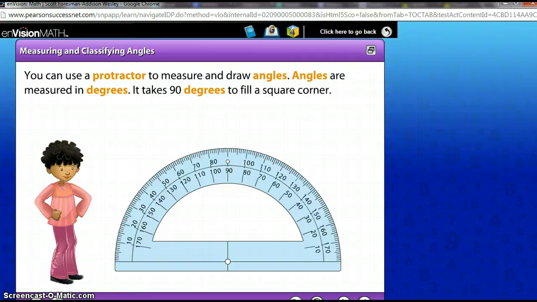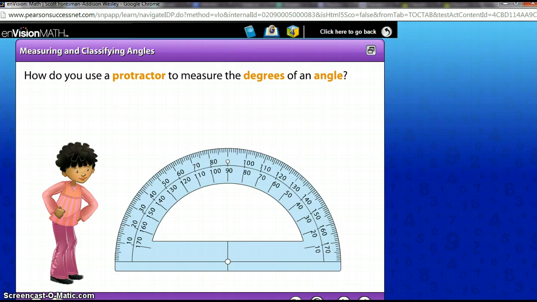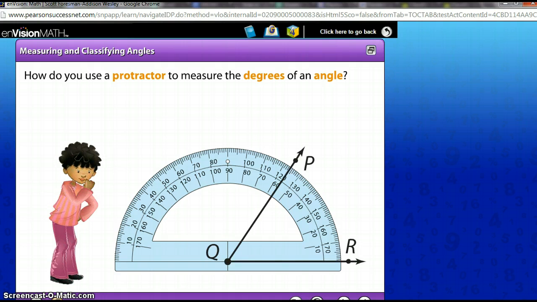You can use a protractor to measure and draw angles. Angles are measured in degrees. It takes 90 degrees to fill a square corner. How do you use a protractor to measure the degrees of an angle?